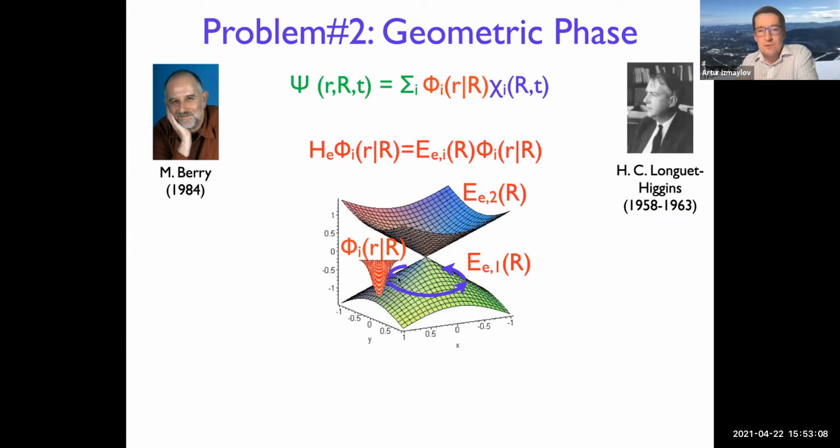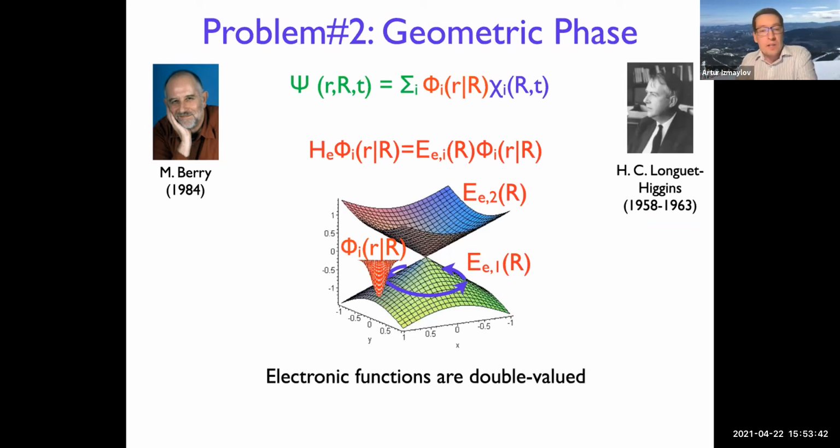It doesn't mean that if you use a computer to calculate a bunch of points and return to the same nuclear geometry, your computer will give you a different sign for your eigenvector. You actually need to connect the points and make sure that the phases are well aligned. Then you can see the change of sign when you go around the intersection. This can also be used to detect that you have a conical intersection somewhere in the configurational space.